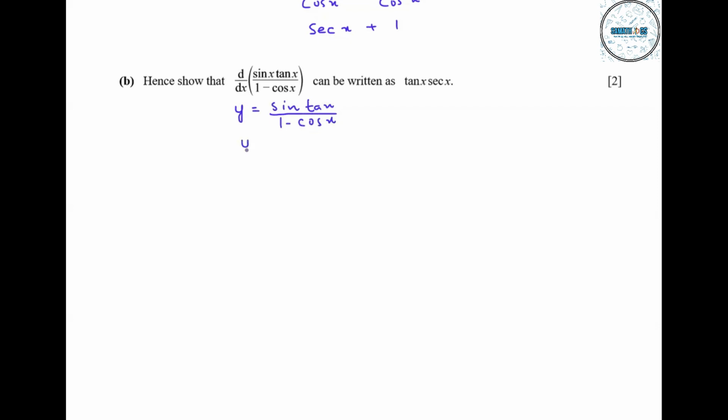And we have proved in the previous part that this is equal to sec x plus 1. So we can write it as 1 upon cos x plus 1. We can further write it as y is equal to cos x to the power minus 1 plus 1.